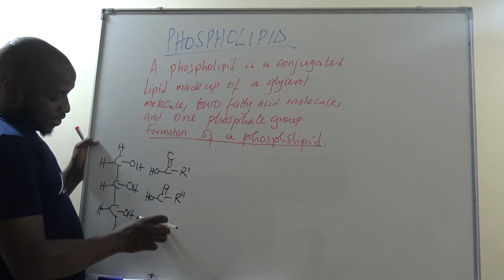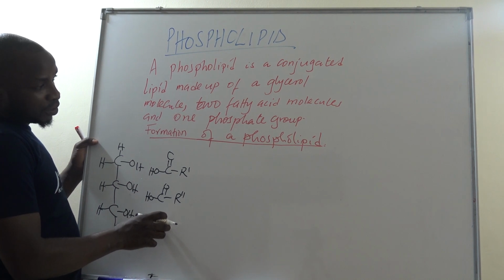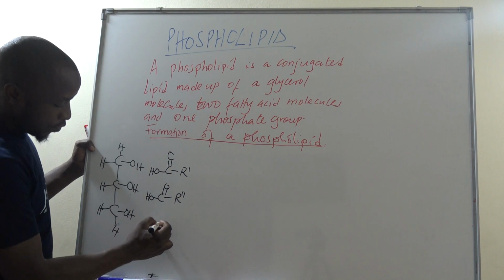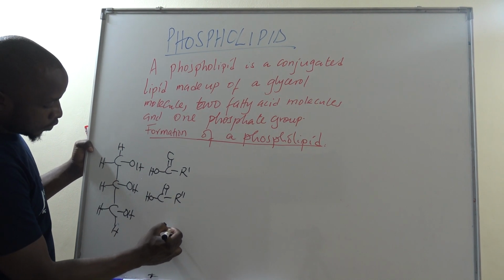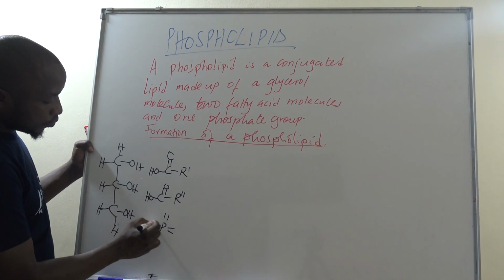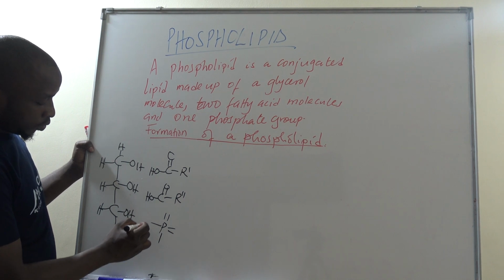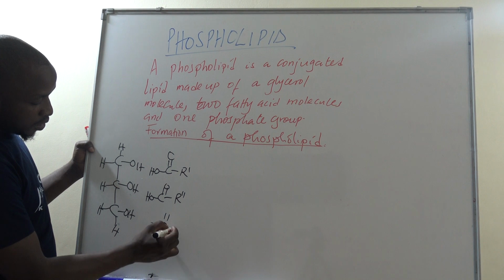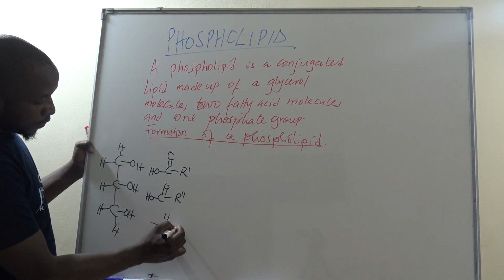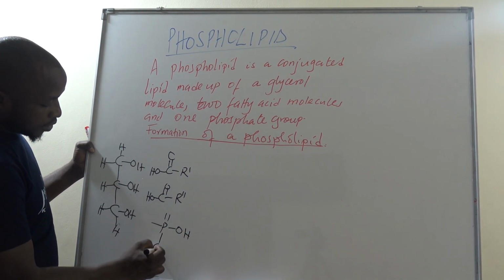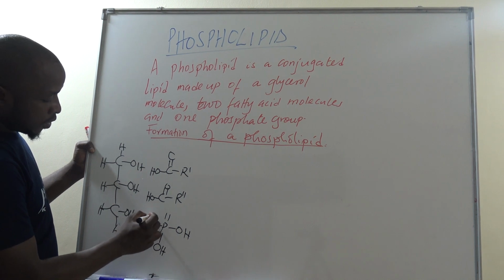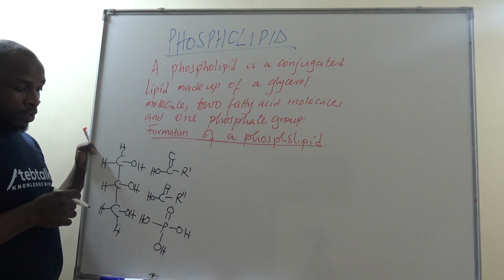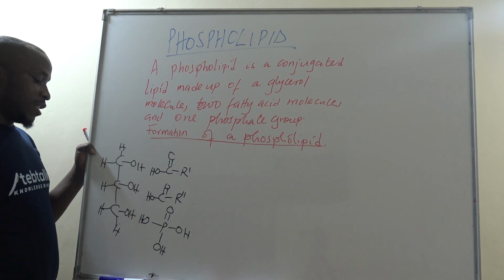Then the third fatty acid is substituted by the phosphate, a phosphate derived from P, which is in this format. That is the structure of a phosphate. It has 3 OH groups.